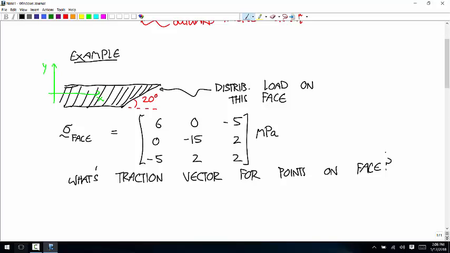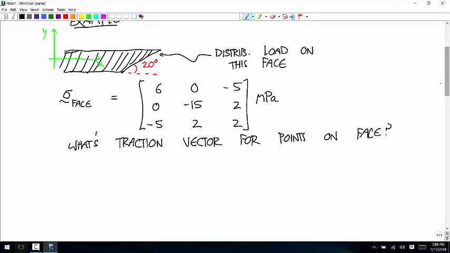Well, we have to come up with an outward facing normal vector. In order to figure that out, this is something the people who took statics with me, this is sort of how I always think through angles and stuff.